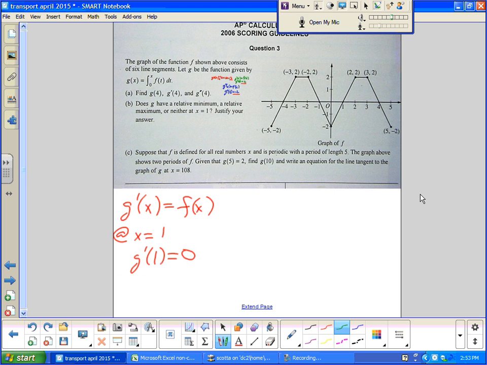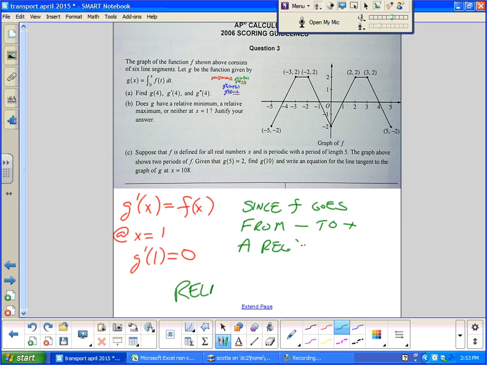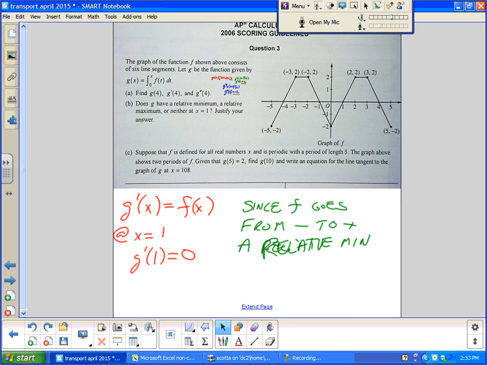So we can say, since f goes from negative to positive, a local min or a relative min, use whatever they said, a relative min exists at x equals 1.